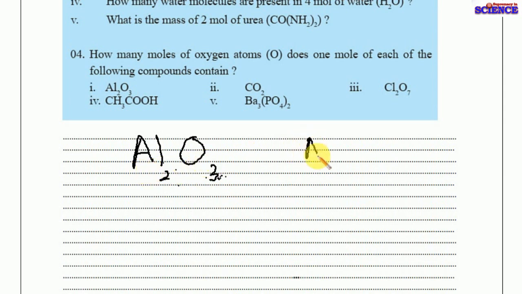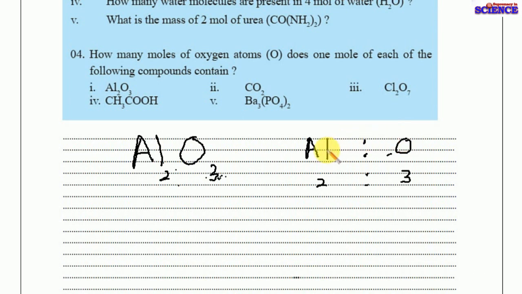That means the aluminium to oxygen ratio will be how much? 2:3. Here it says that in one molecule of aluminium oxide, there are 2 atoms of aluminium and 3 atoms of oxygen.